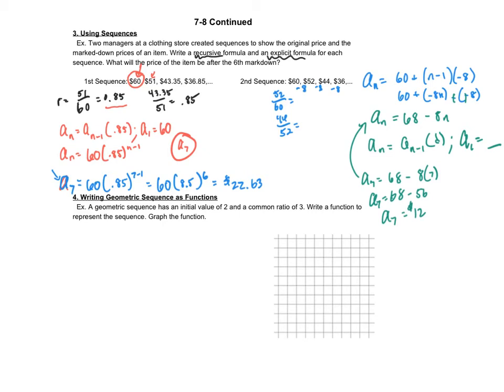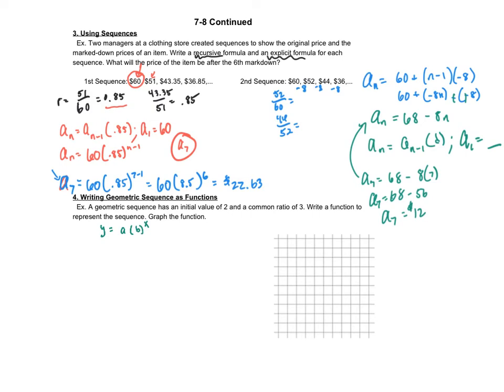Okay, as I was saying, geometric sequences and exponential functions are related in the sense that in a geometric sequence, we have the initial value multiplied times the ratio over a sequence term, where in geometric functions, we have the initial value times my growth rate raised to some value over time, and those two are the same thing.